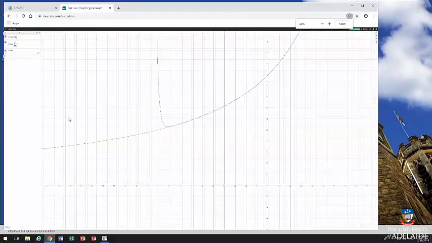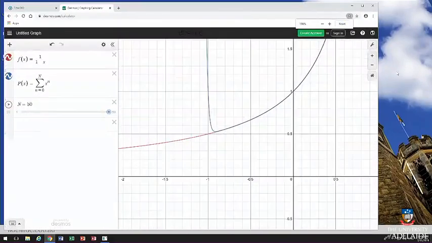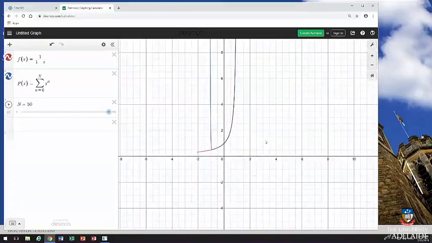Oh, it's thinking very hard because I've made it calculate 50 powers of x. Okay.